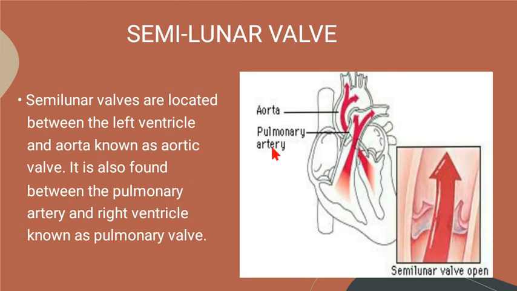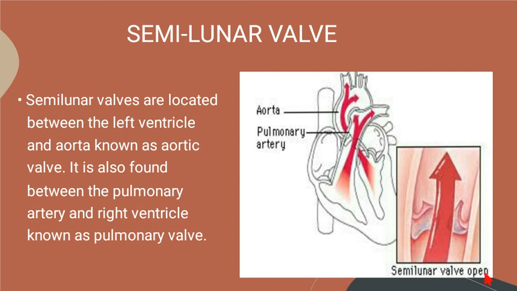And then there is another valve called the semilunar valve, and it is found between the pulmonary artery, you see this is the pulmonary artery, and the right ventricle. So between the right ventricle and pulmonary artery this semilunar valve is present. It looks like a half moon, that's why it's called the semilunar valve.